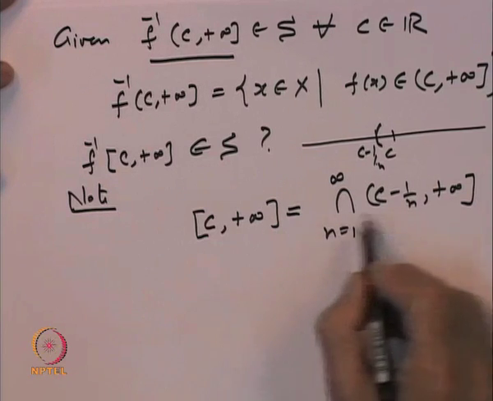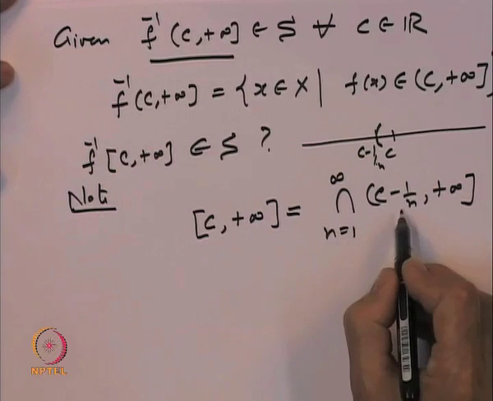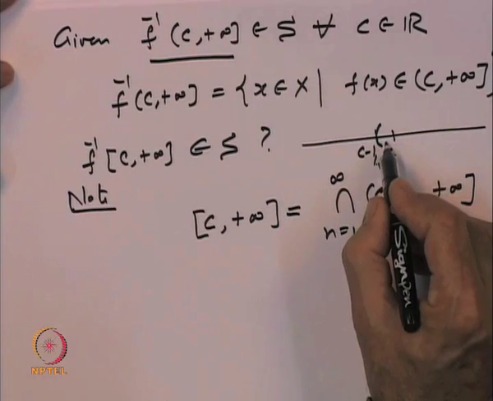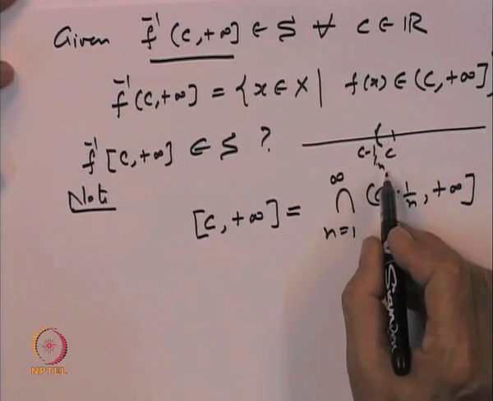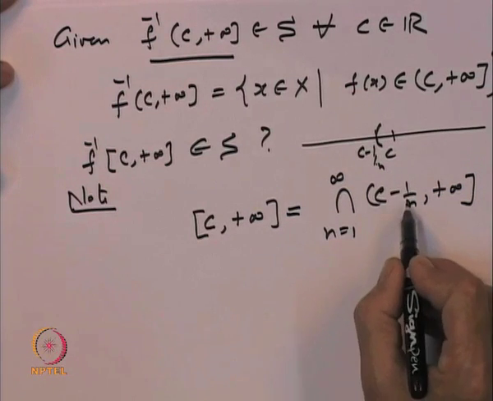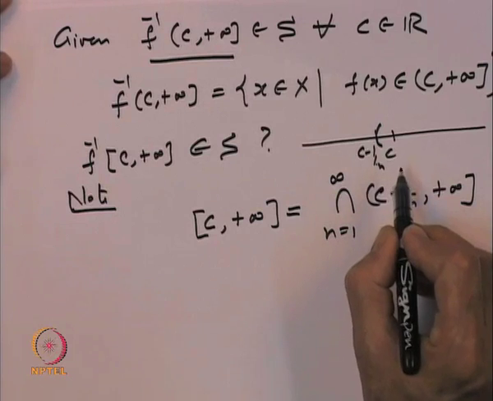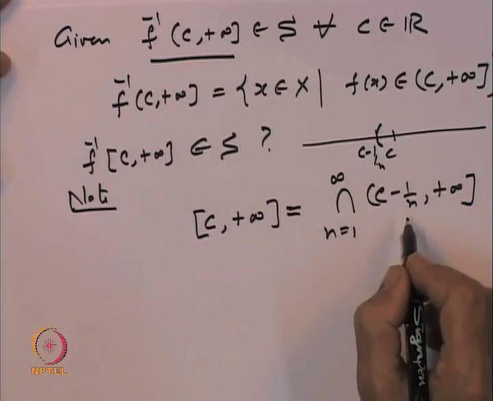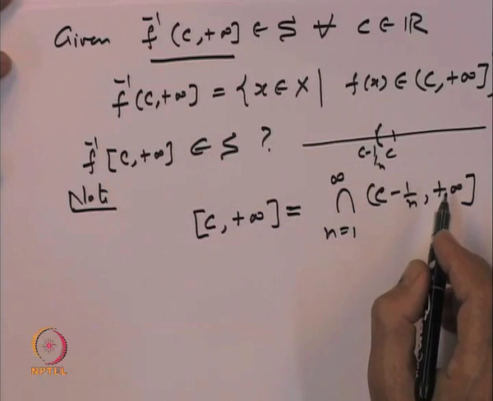So, the intersection also will include it, and actually this is equal, because any point which is slightly bigger than c can be excluded by taking n sufficiently large. So, c - 1/n converges to c, that is the basic idea. This is a simple identity about intervals which should be easy to prove.